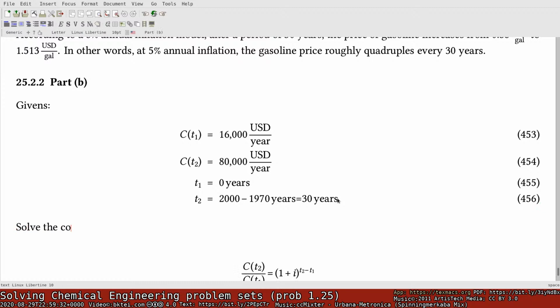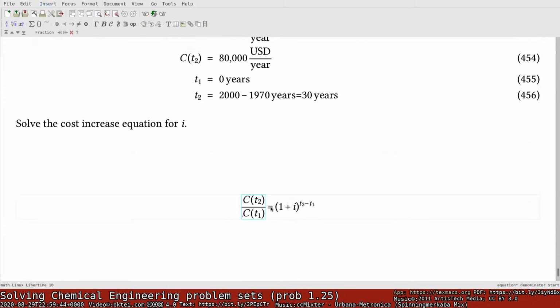Solve the cost increase equation for I. So let's do that. Insert several equations.